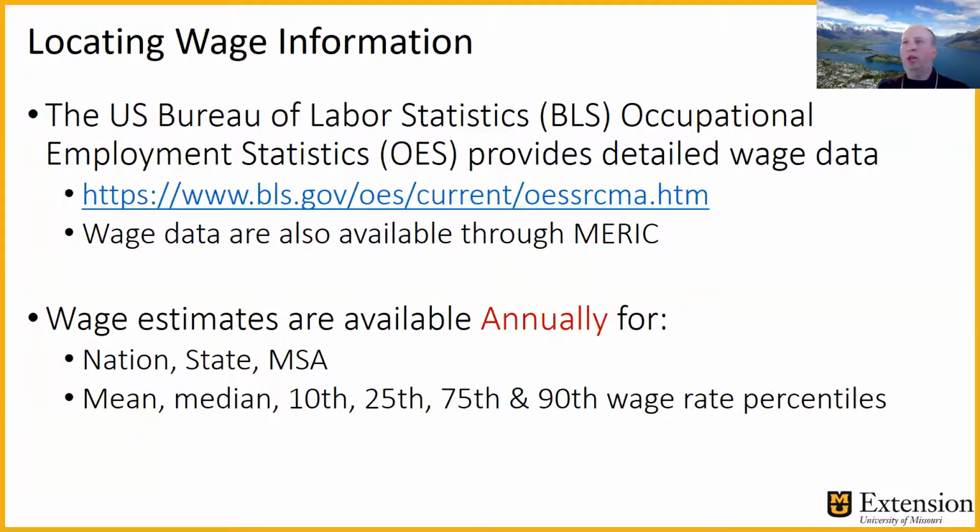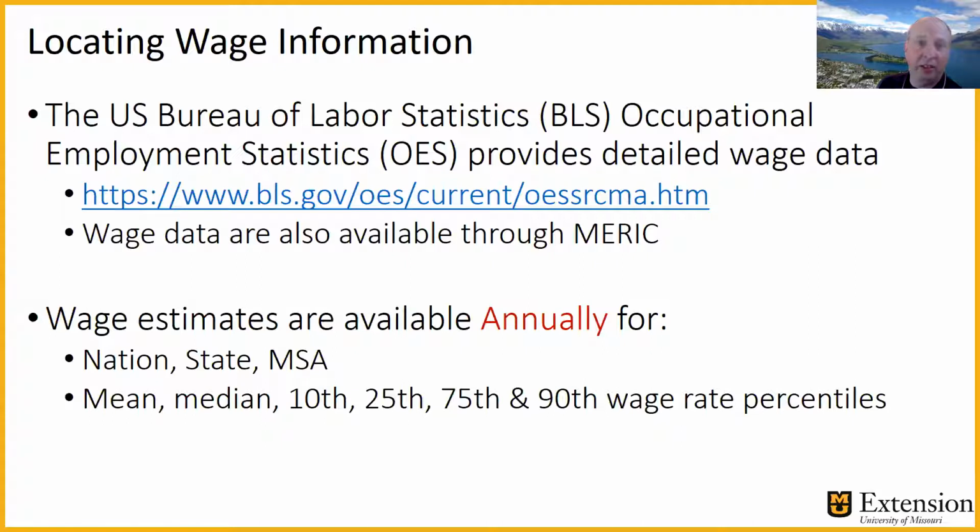So how do we know how much people should be paid for a job in a particular place? Well, this is where the U.S. Bureau of Labor Statistics occupational employment statistics come in handy. This is where we get our wage information.